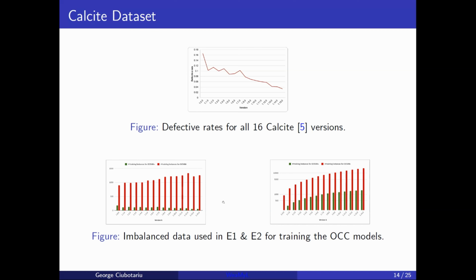And here we have the imbalanced data that we are talking about, because the green ones are the defective instances, and there are very few of them. This is the main reason why we're using unsupervised learning, because we don't have an equal proportion of defective and non-defective instances.